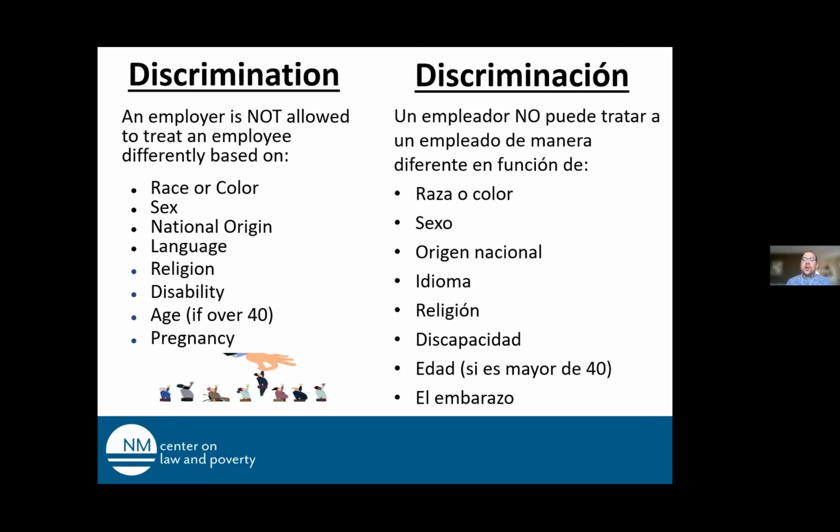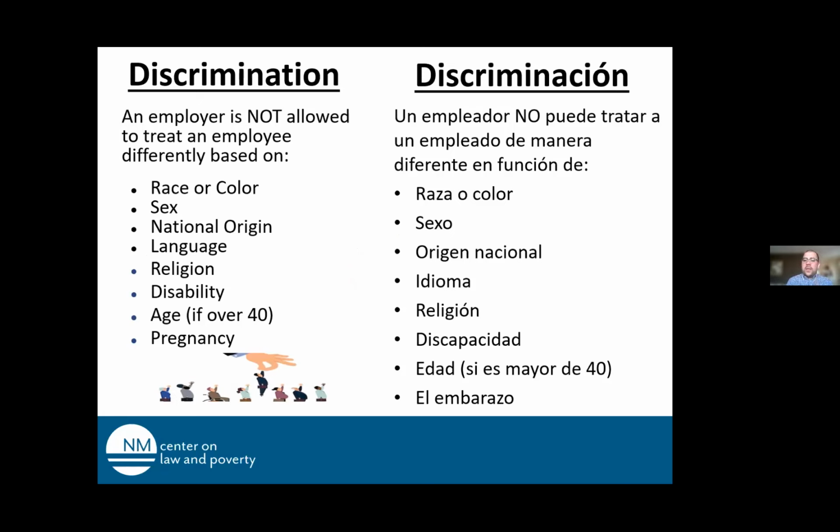Now let's briefly talk about discrimination. This is another area of the law that can be very complicated, but to simplify it, it's important to understand that an employer is not allowed to treat an employee differently based on race or color, sex, national origin, language, religion, disability, age if over 40, and pregnancy.